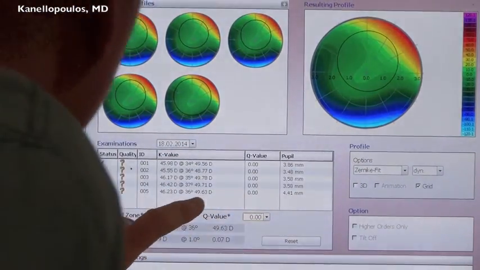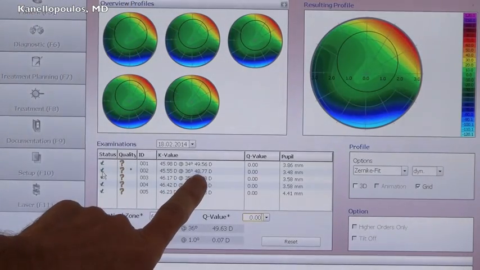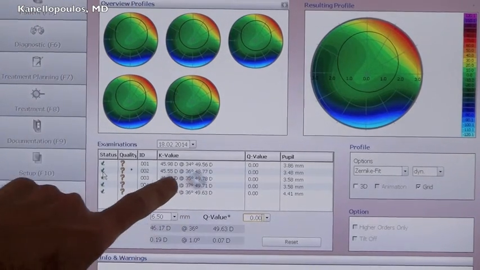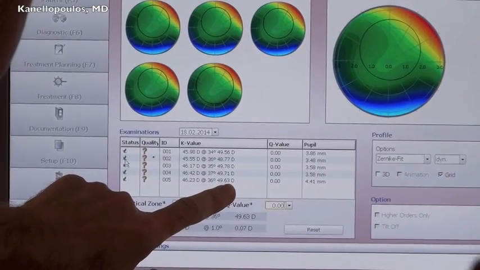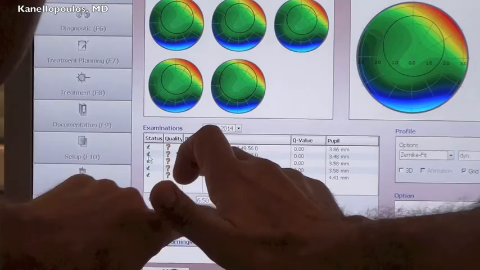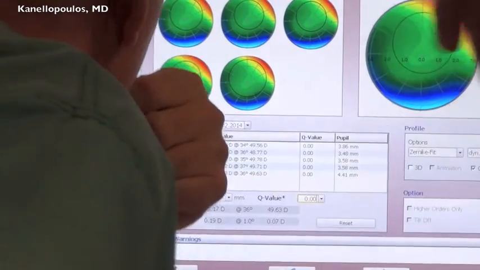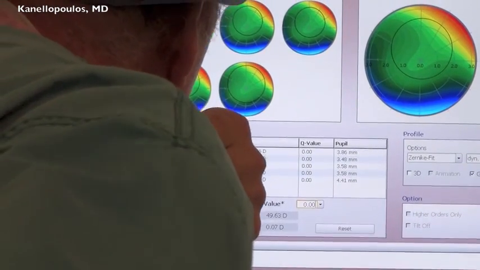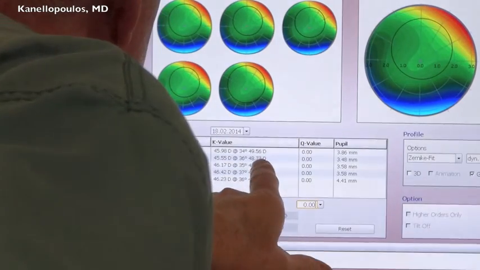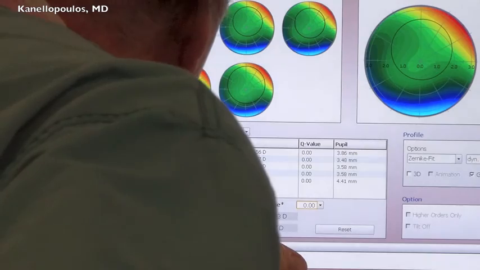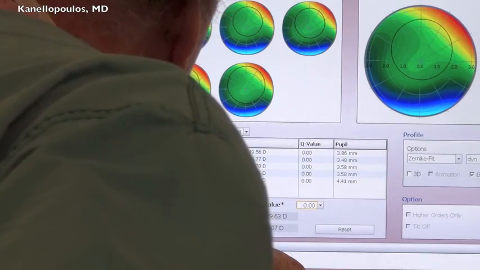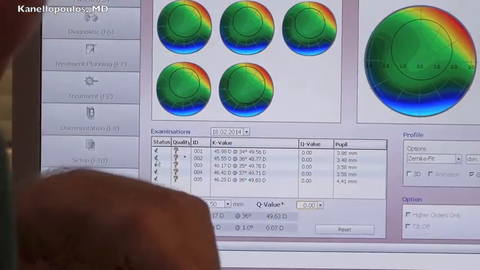Yeah, the power is 40. This is the mean power here. This is the steep and flat meridian. So this is less than the others. Right. And the flat axis is also less than the others. This is less than the others, so it's an outlier.